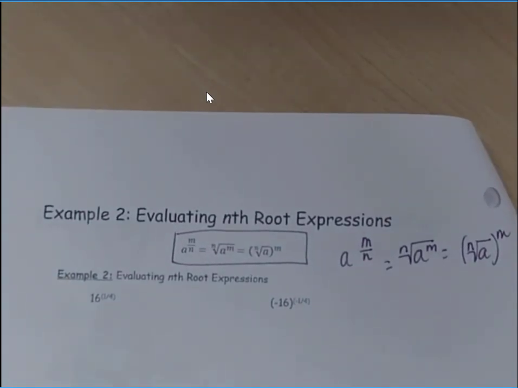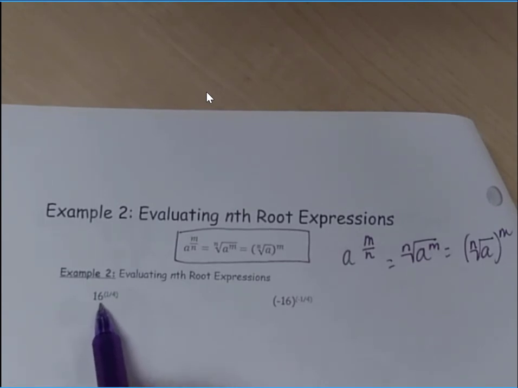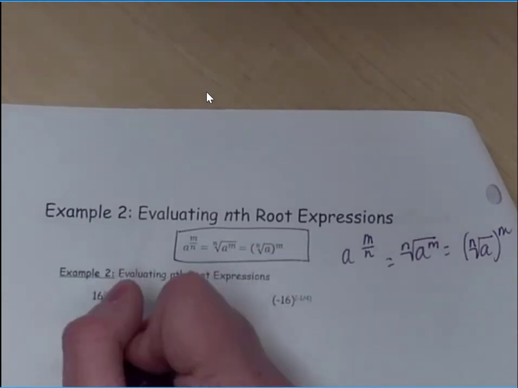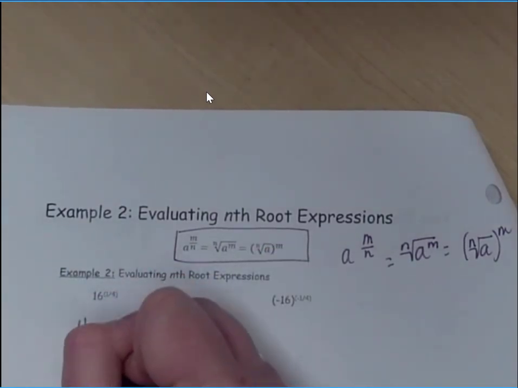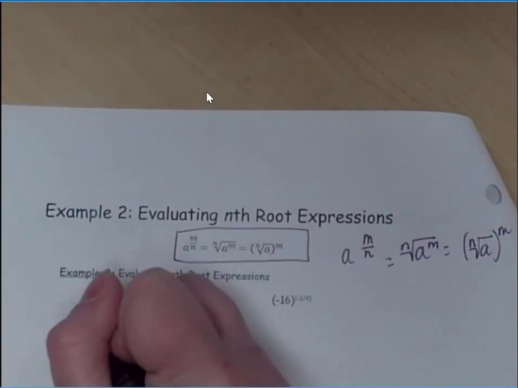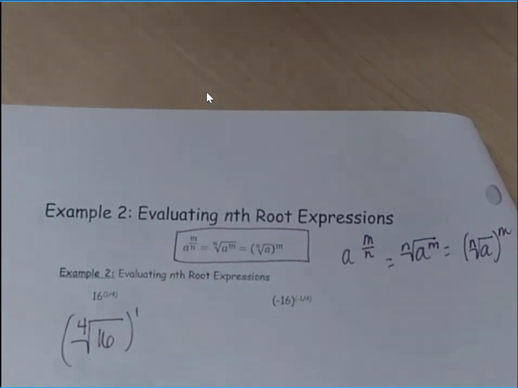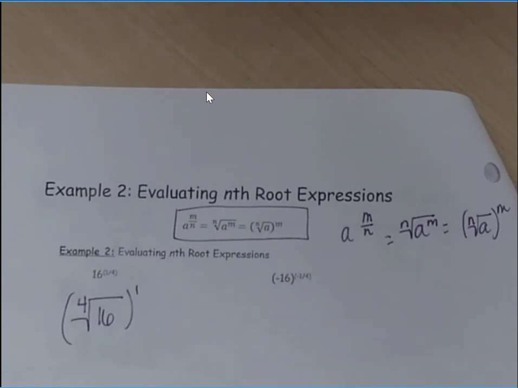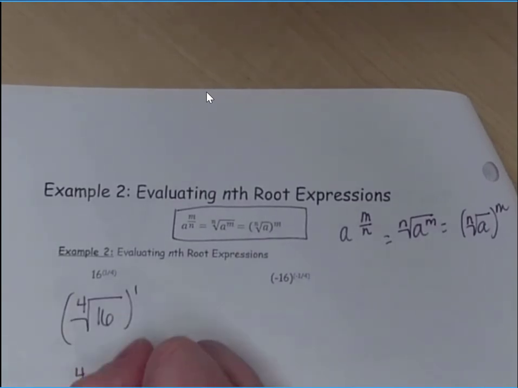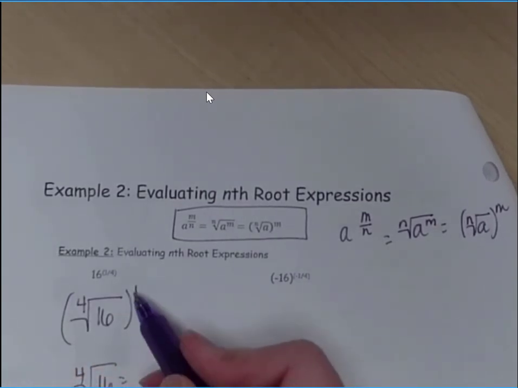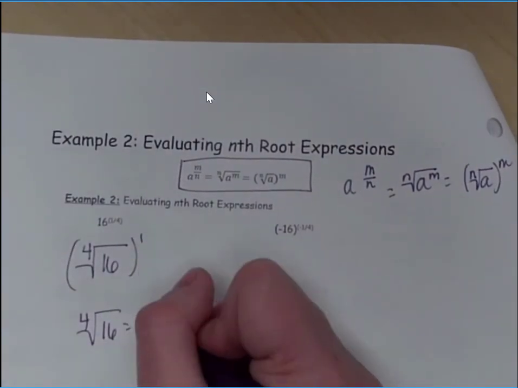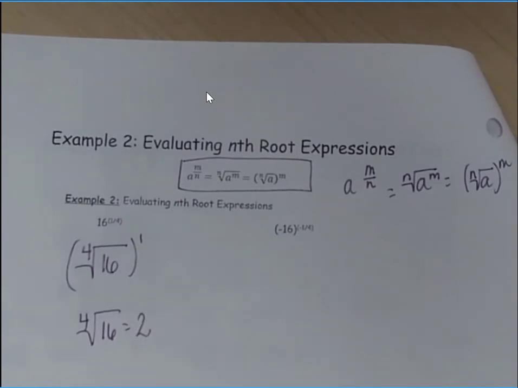So what does that mean? Well, if I have 16 to the 1/4 power, here's my root, my radicand, and my exponent. Now, do I really need to take something to the power of 1? No. So I can rewrite it just like this, because anything to the first power is always itself. So the 4th root of 16 here is 2.